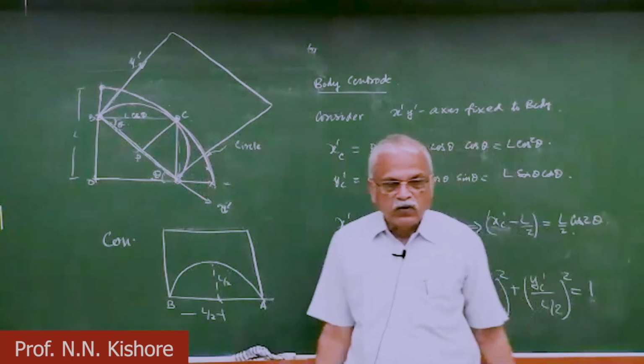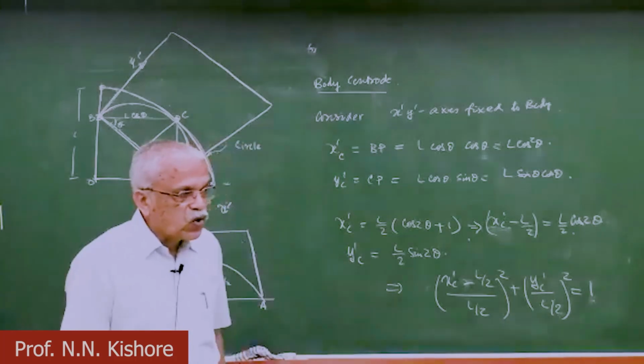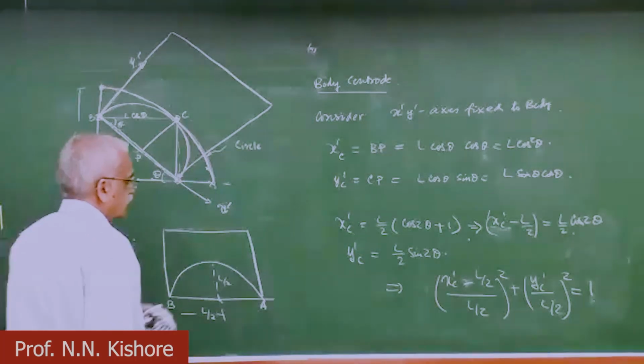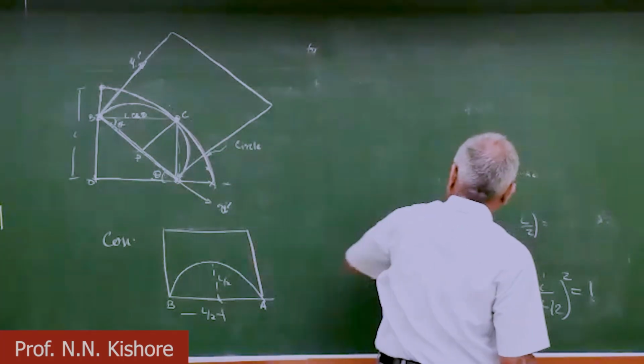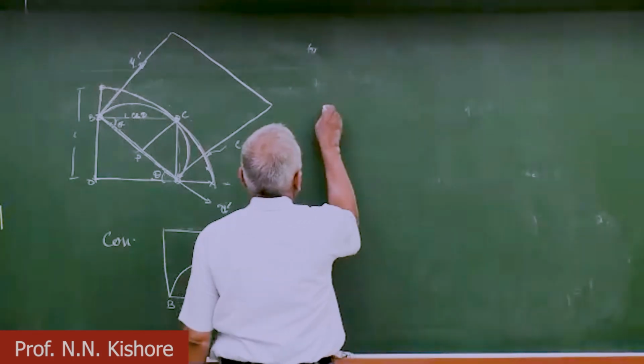So it can be proved that as the motion takes place, the body centroid rolls on the space centroid. Maybe at some point later you can see that.